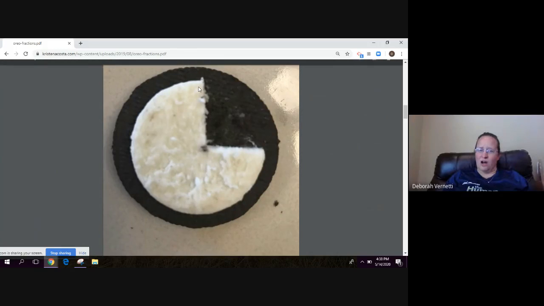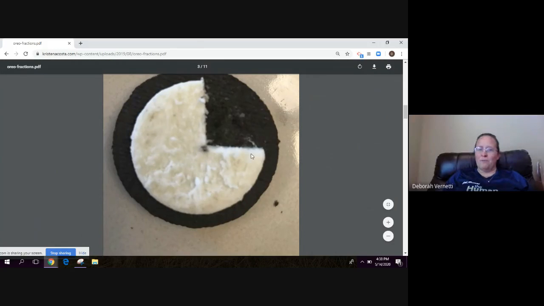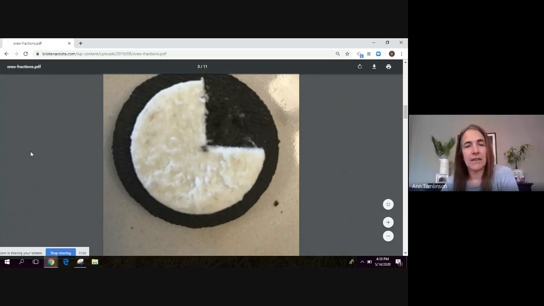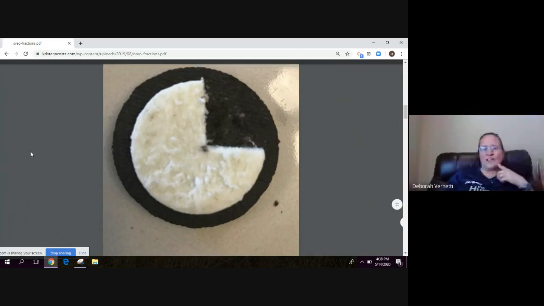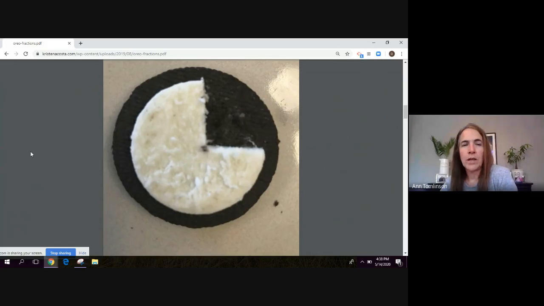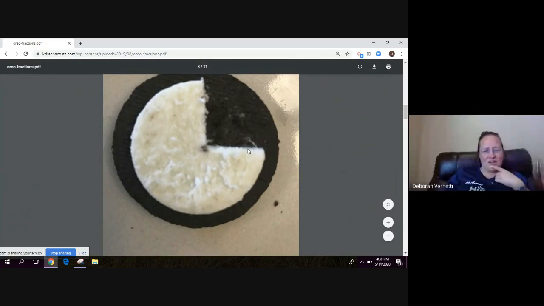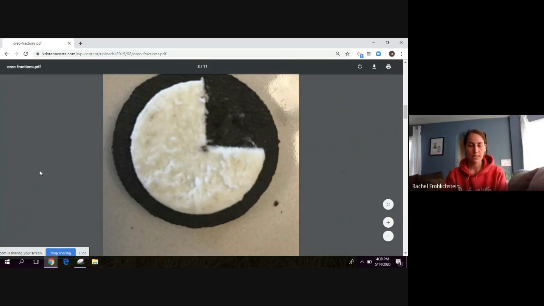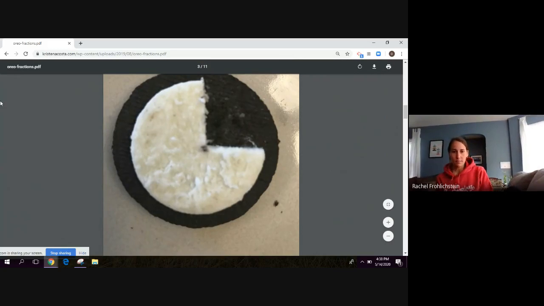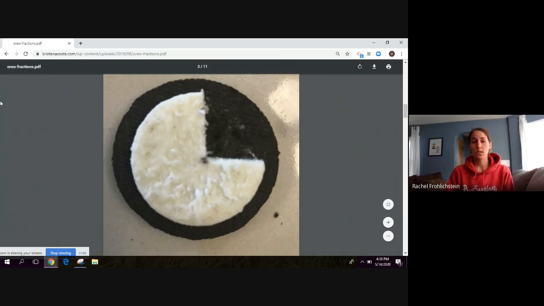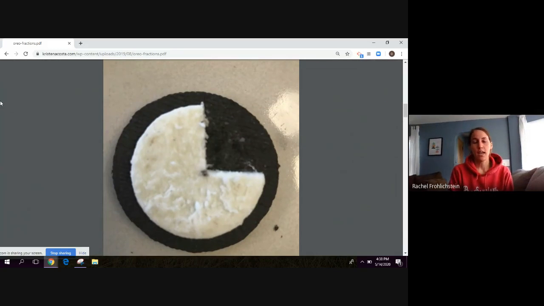Oh, so this part you saw on the first cookie has been added back in. Yes. But what did you say was the fraction amount? I noticed that 1/4 was missing. 1/4 is missing. I agree with Miss Tomlinson, and so that makes me think that 3/4 of the icing is there and 1/4 is missing. I agree.